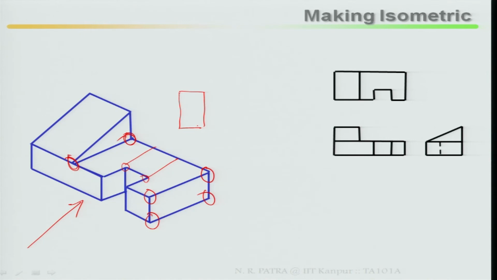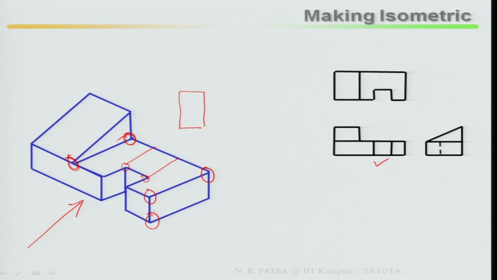Now check whether this, whatever is your isometric view, from there, if I look at the object from the front, whether this is your front view or not. It is exactly matching your front view. Now similarly you can look at your side view.